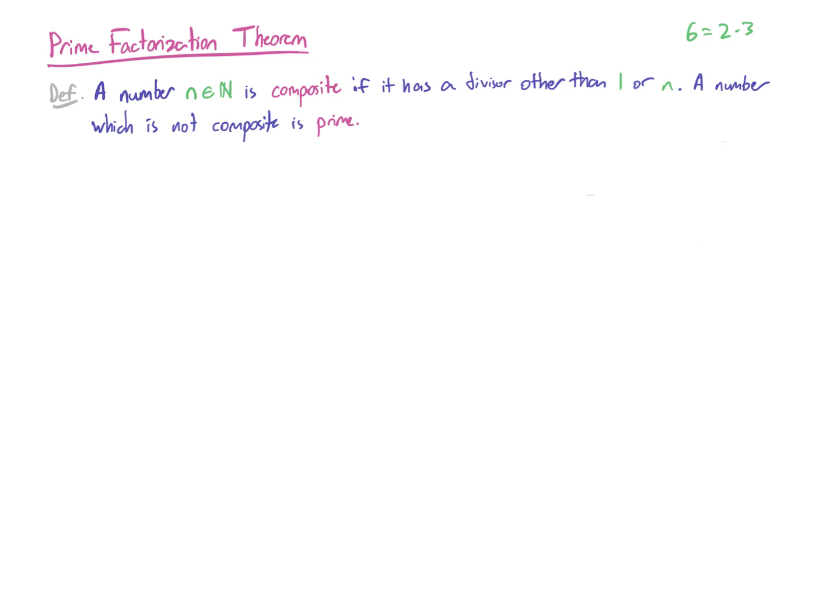Okay, so here's the theorem. This is a part of the prime factorization theorem. The theorem that we're going to consider here is that every composite number can be factored into primes. For example, 120 is a composite number, and I can factor it all the way down into its prime factors.